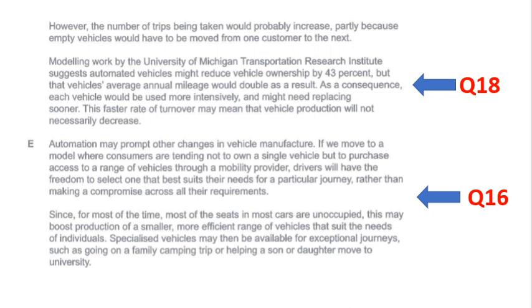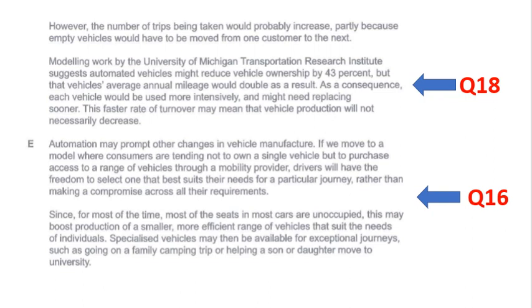So the next sub paragraph in paragraph D says modeling work by the University of Michigan Transportation Research Institute suggests that automated vehicles might reduce the vehicle ownership by 43%. That means if driverless cars come into existence, the ownership of the vehicles will reduce by how much? 43%.